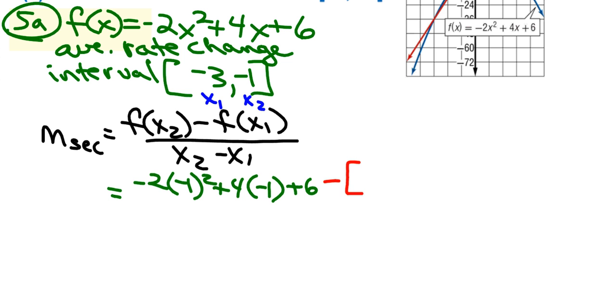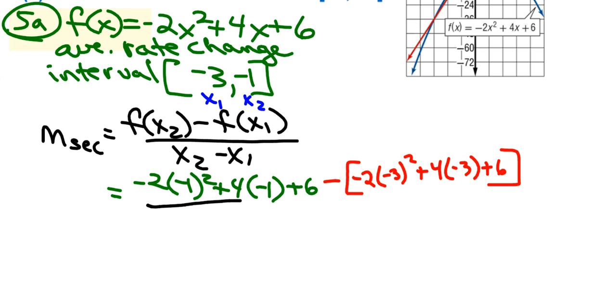I'm going to put that in a bracket because I'm going to have a lot of parentheses: -2 times -3 squared plus 4 times -3 plus 6. And that's all of that. And then it's over x2, which is -1, minus x1, which is -3.